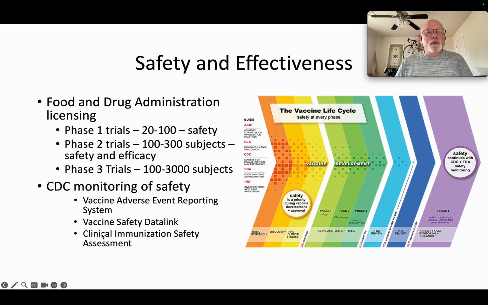And then there's also this thing in the United States, the Clinical Immunization Safety Assessment, where they basically look at healthcare providers and doctors and solicit information from health professionals and hospitals and clinics about the safety of vaccines that are being used.